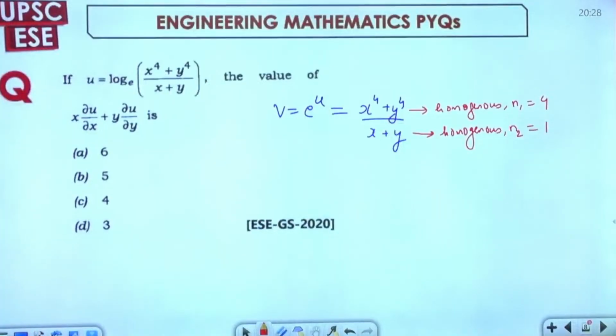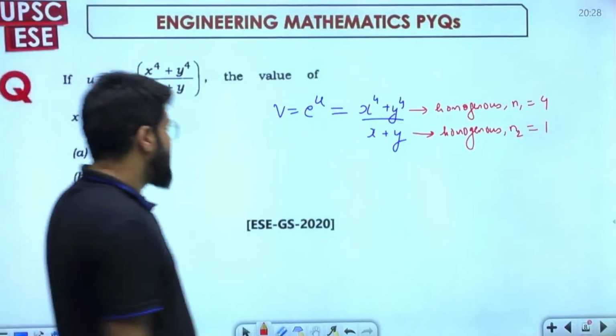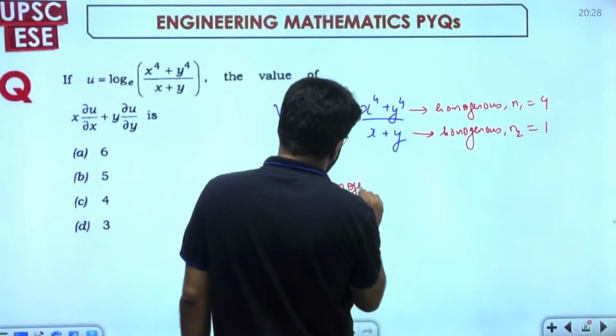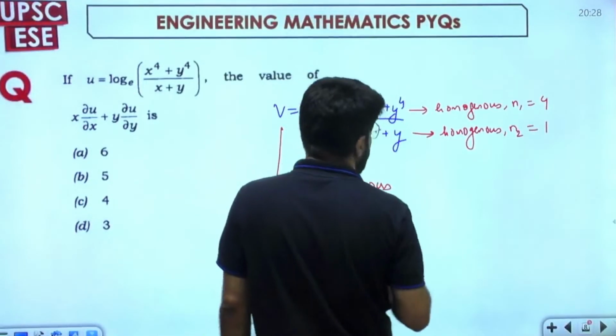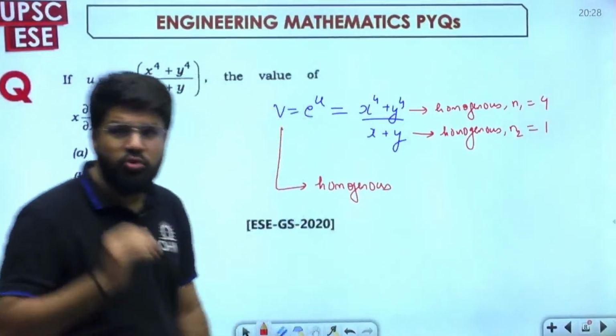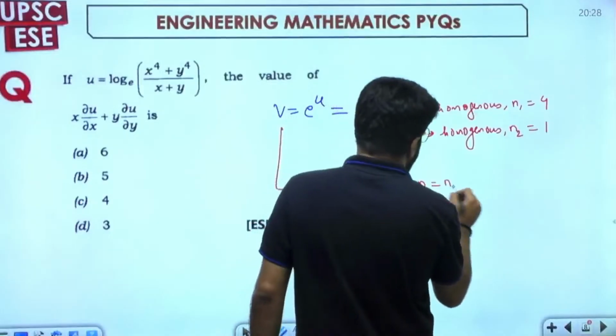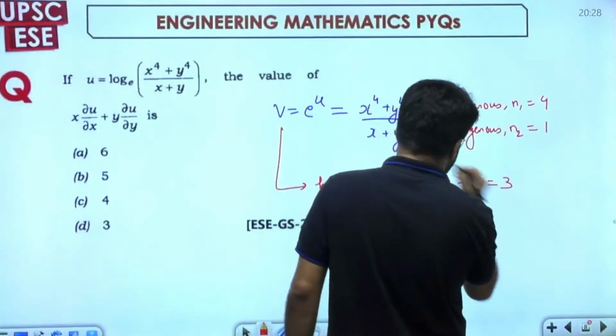Okay, so V is also going to be homogeneous because numerator and denominator are both homogeneous. V is also homogeneous with the degree n1 minus n2, and that is equal to 3.